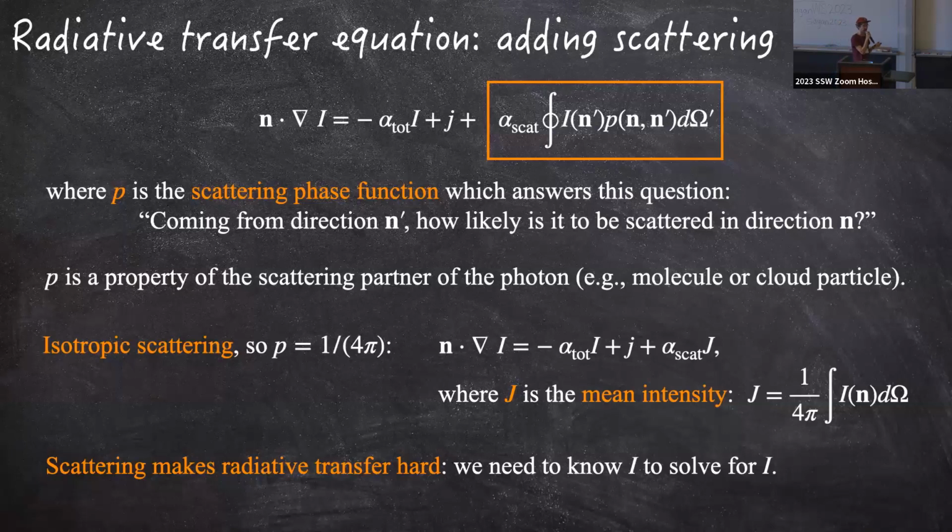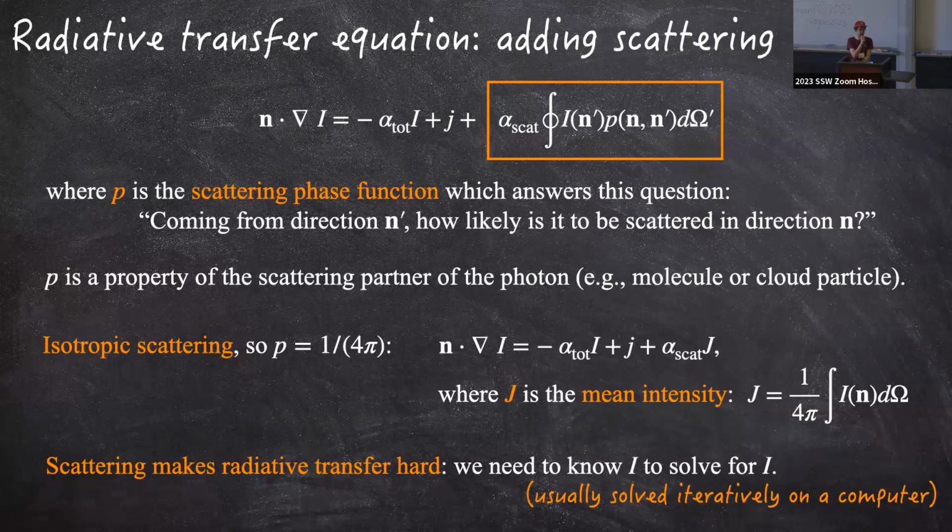It's kind of like a chicken or egg problem. Depending on the problem, it can be hard or easy to solve, but usually in its full beauty, it's done iteratively on the computer, where you start with a scattering term that's 0, then you calculate one radiative transfer step, then you update your scattering source function and do this until the problem converges. The problem there can be false convergence, or it's just really slow, and there are many techniques to make this faster, but this is what makes radiative transfer hard.